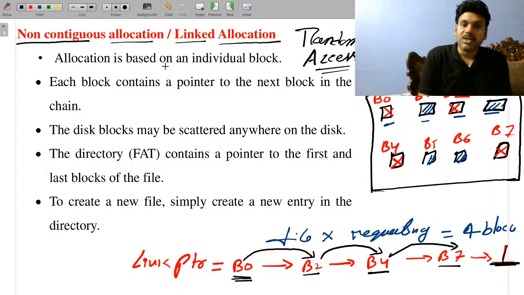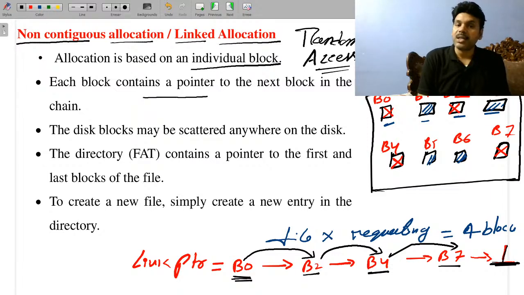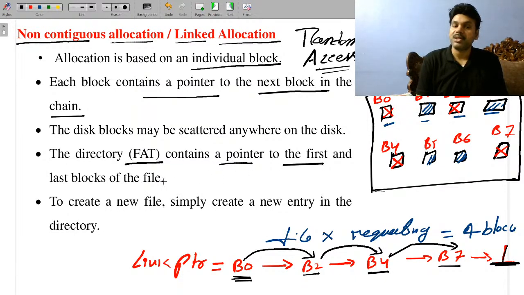Therefore, friends, the allocation is based on individual blocks, and each block contains a pointer to the next block in chain form, and the file allocation table contains a pointer to the first and the last block of files. The disk blocks may be scattered anywhere on the disk.